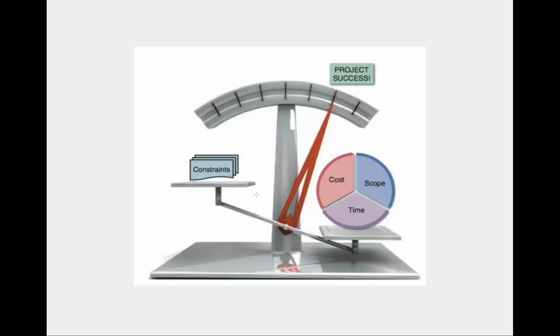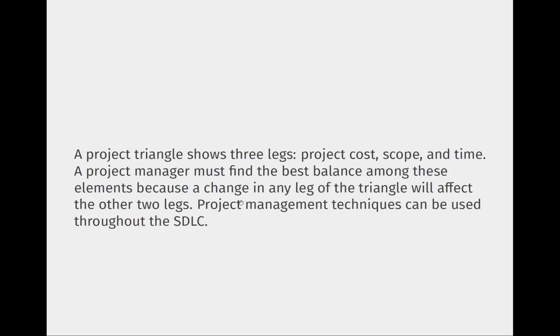Right. Now, this is a graphical view of what you mean by project success. So there are some constraints, and together with the scope, the cost, and the time, you need to make a balance of this. So what you see is the project triangle shows 3 legs: project cost, scope, and time.